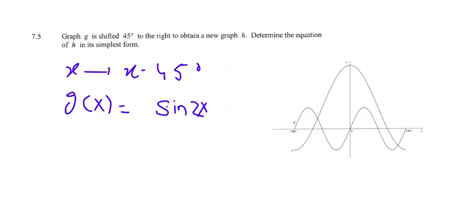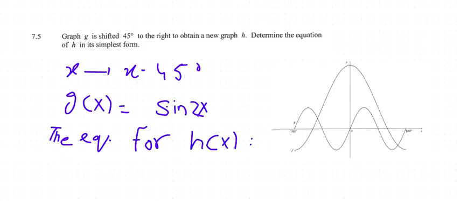Okay, so the equation for h of x is h of x equals to sine 2 into x minus 45 degree.